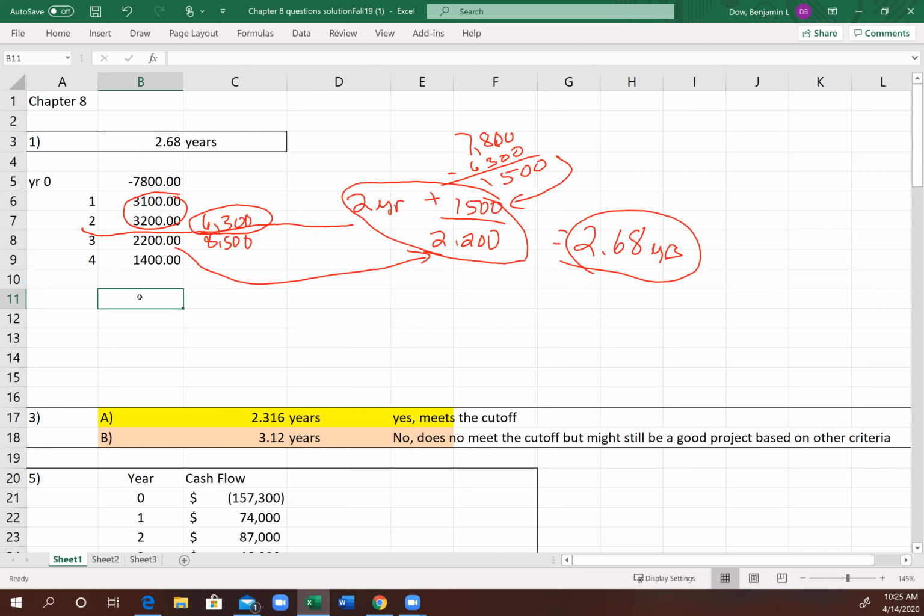You can calculate net present value. You can calculate IRR. And so even though the problem doesn't ask for it, it's pretty easy to calculate the IRR for this problem, and the IRR would be somewhere around 12%.